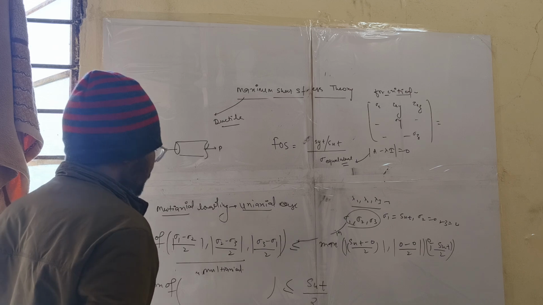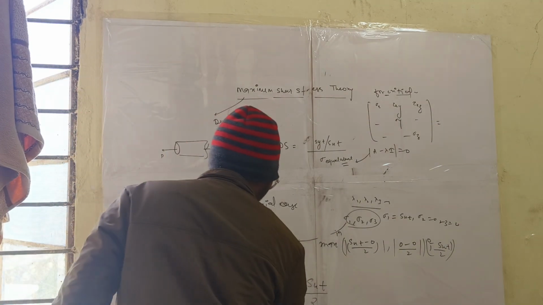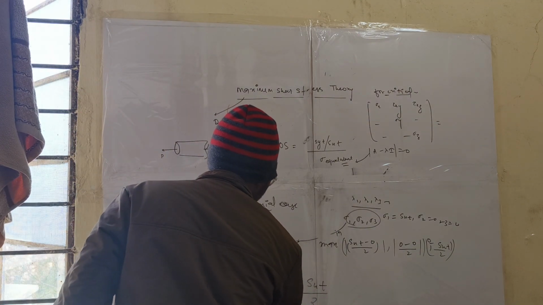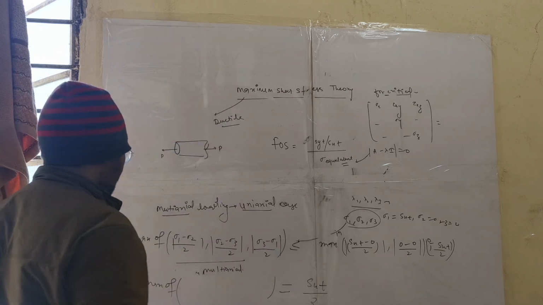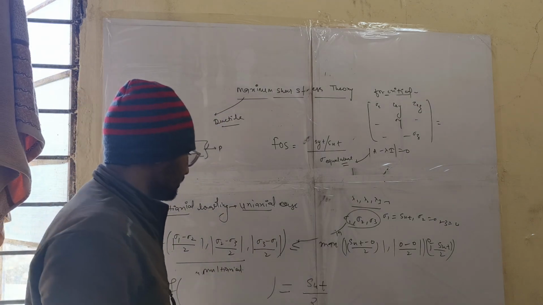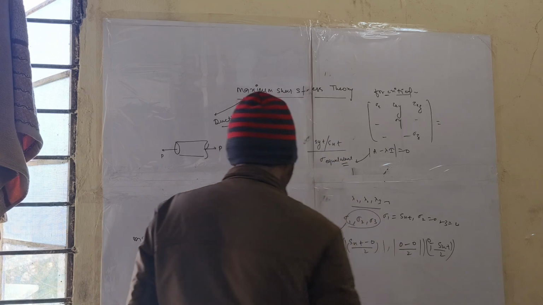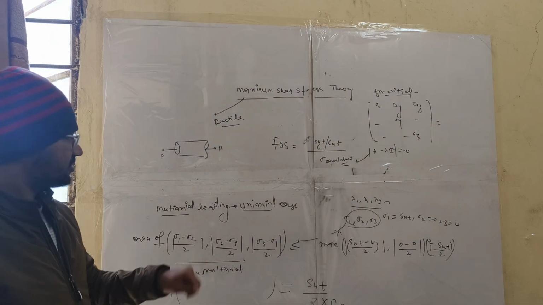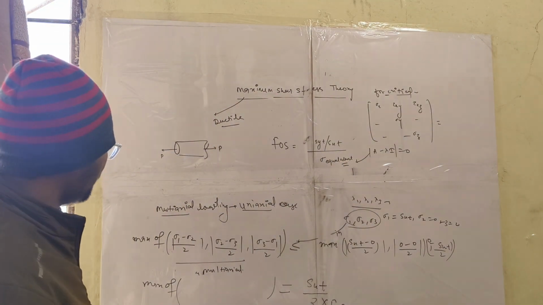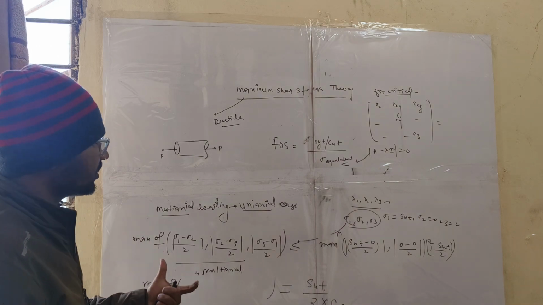Maximum shear is SUT by 2. And when we equate this, the factor of safety comes. This is FOS. Okay. Now, what do you actually understand by this?